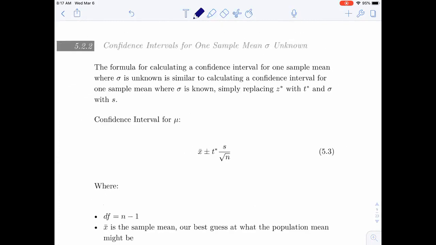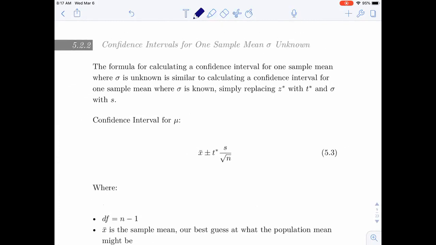So let's move on to confidence intervals. We've already seen the comparison between confidence intervals for sigma known versus sigma unknown. The only thing that's changing is our S instead of sigma, our sample standard deviation.